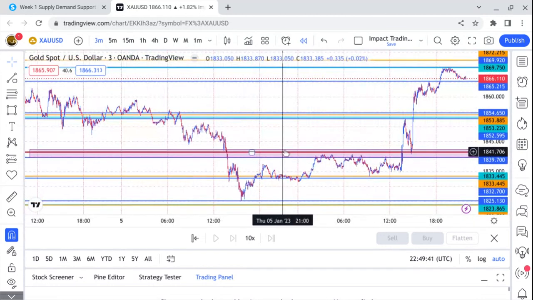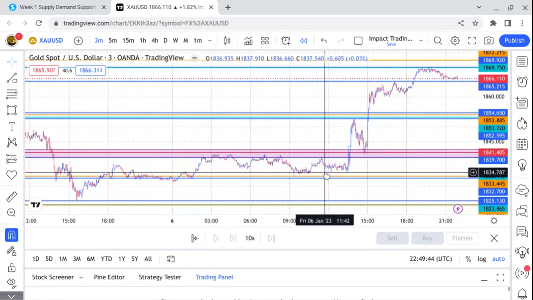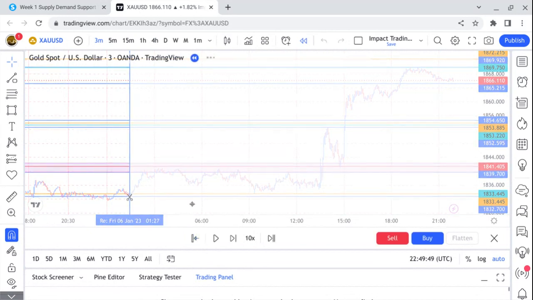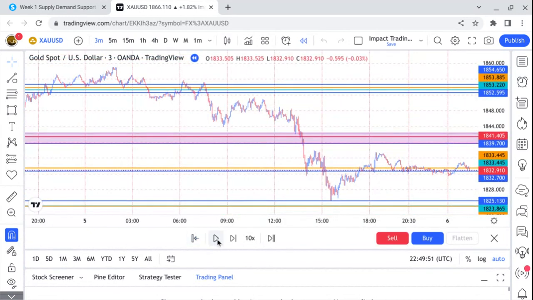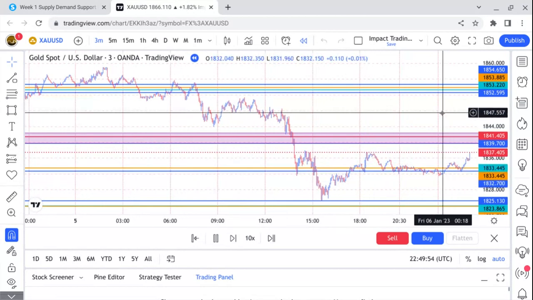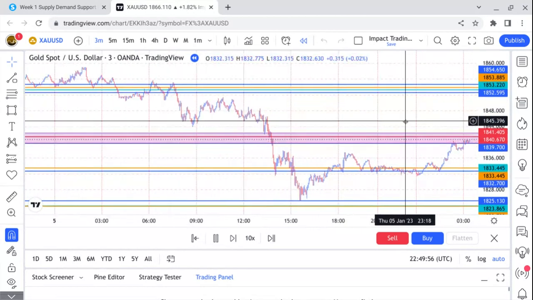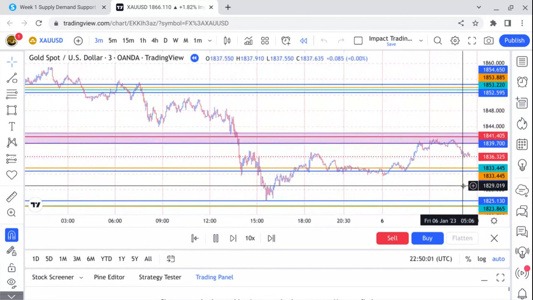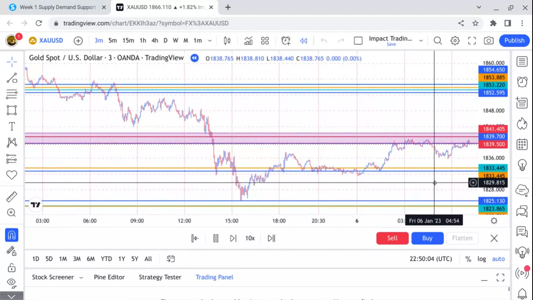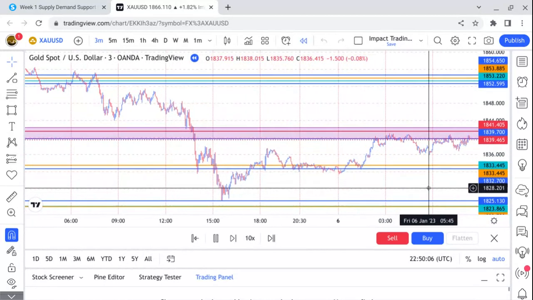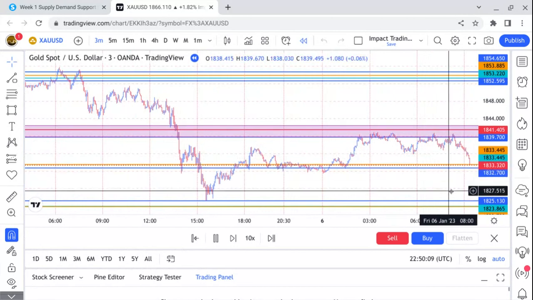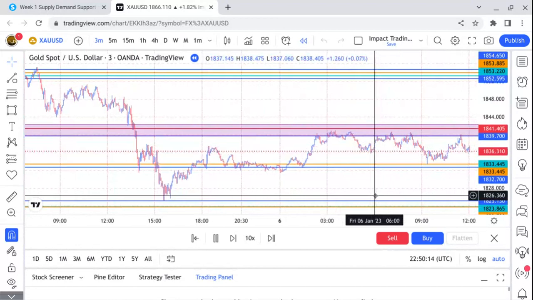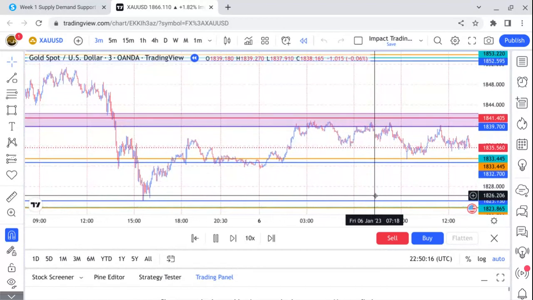You could have placed your stop loss right outside this area, and then on the 3-minute chart, once the price entered into that area, you would have placed the trade with a tight stop loss, and then your profit target could be the next areas of support and resistance. That would be profit target 1, and then you would have a profit target 2 in this area right here. That's a profitable trade with a good profit target.